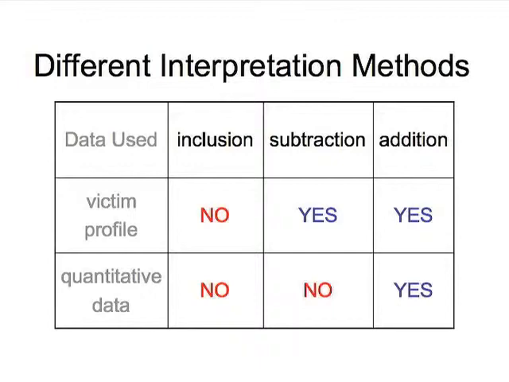And are you looking at the quantitative data, or are you making all or none decisions, slicing off the data and saying, I think that something's there and something's not there? The inclusion method does not use the victim profile and does not use quantitative data. Therefore, we'd expect it to be the least informative. The subtraction method that Dr. Cotton used does use the victim profile, reducing the problem to searching for one genotype, but again, uses thresholded data. And the computer methods, as scientists, we try to use all the data that we possibly can.